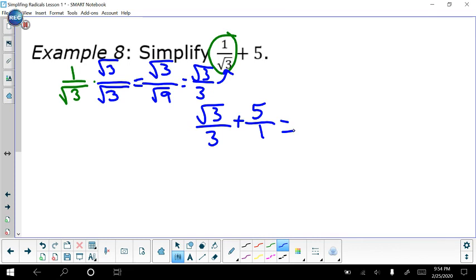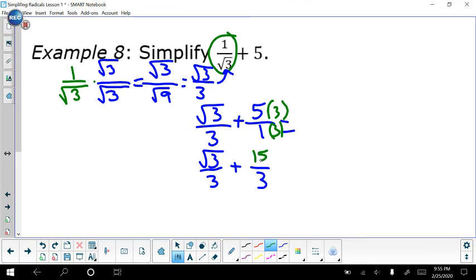Okay, now when we're adding or subtracting fractions, we need to have a common denominator. The common denominator on this problem is going to end up being 3. This first fraction doesn't need to change because it already has the common denominator of 3, but we do have to multiply the second term by 3 in order to have that denominator 3.